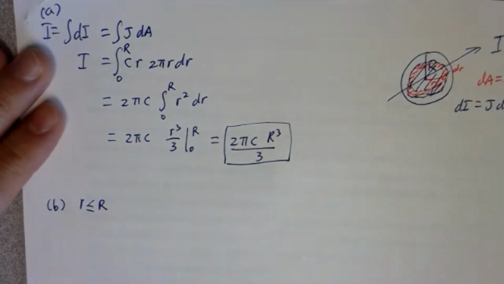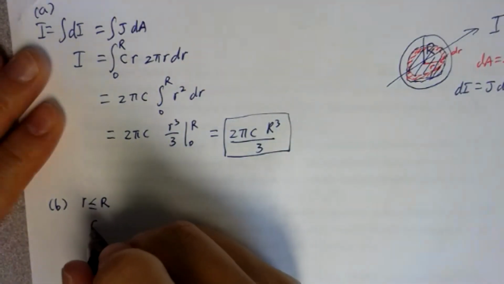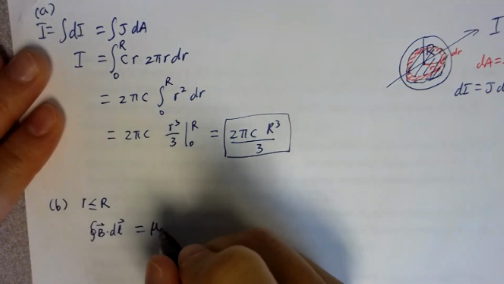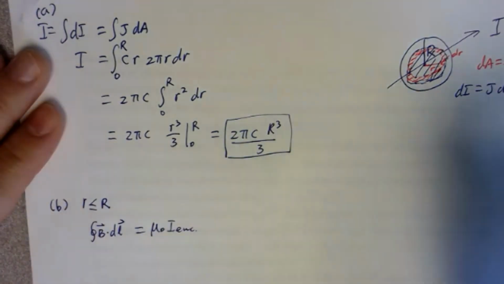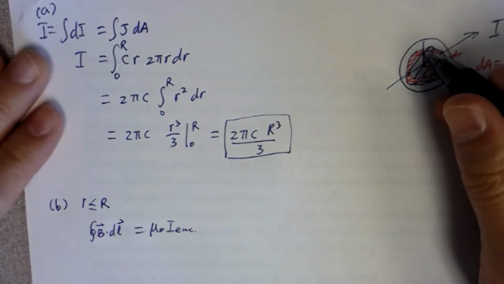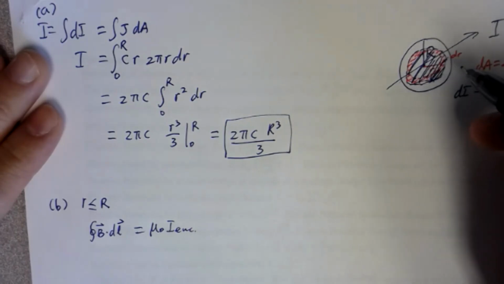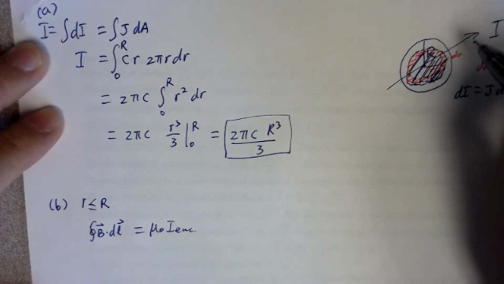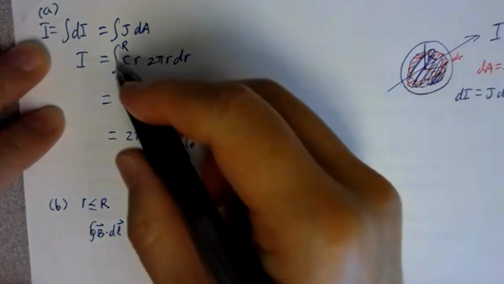Then again, you'll be doing Ampere's law, B dot dl equals mu naught I enclosed. I enclosed will not be the total current, but the current just enclosed by that portion. You can use the same approach as we did for that, but the integration limits go from 0 to small r, not capital R.